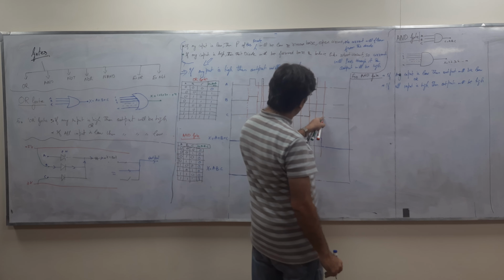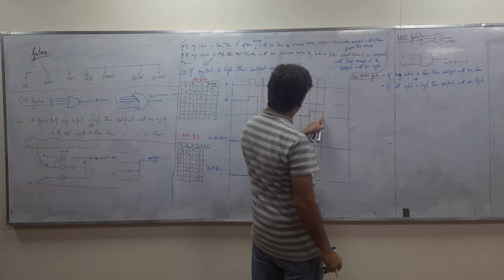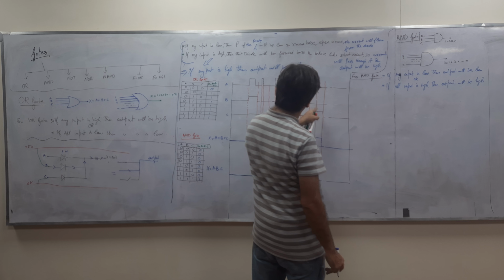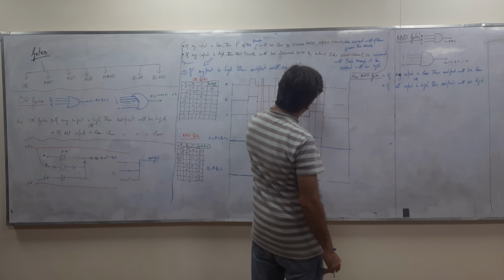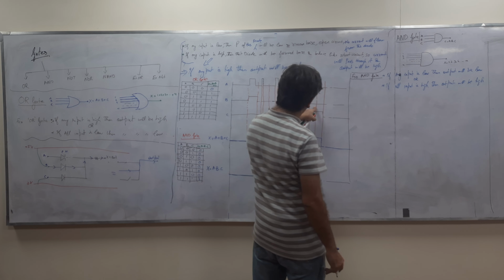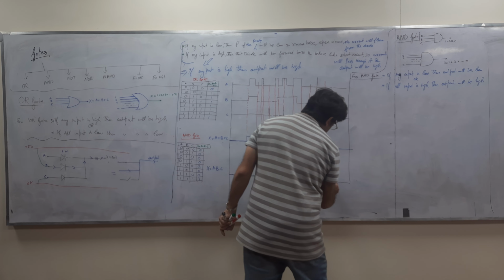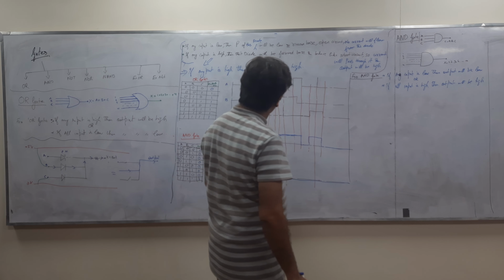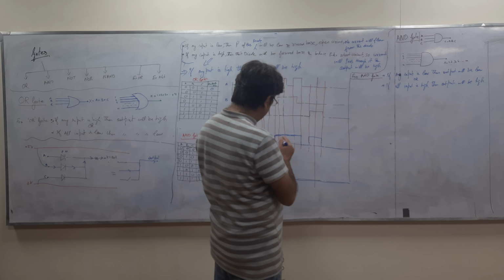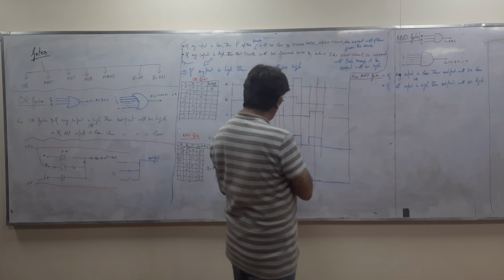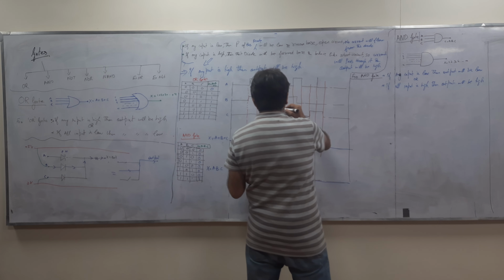Here C is high for this interval, but A is low, so no. Okay. A is high here, but B is low. Okay, so that means no. So that will be the output, because here only this time, this is only for this glitch.